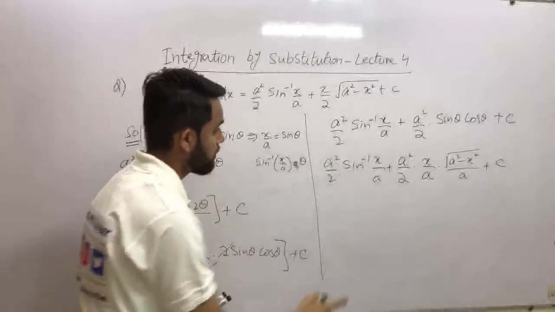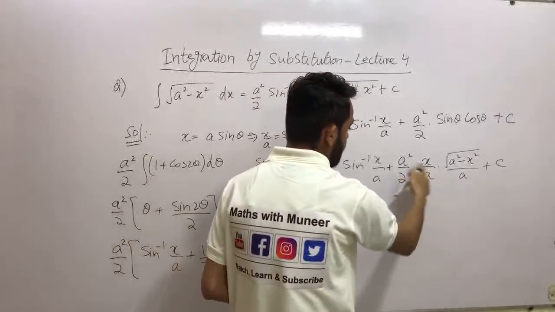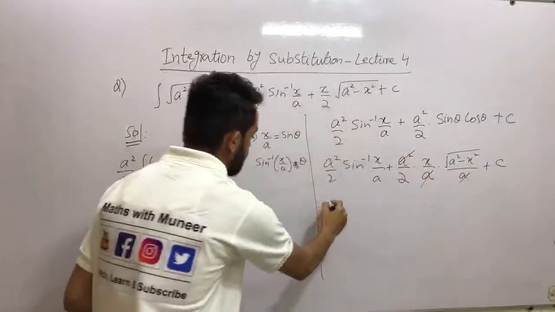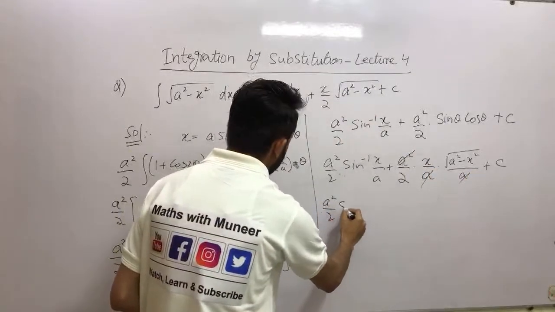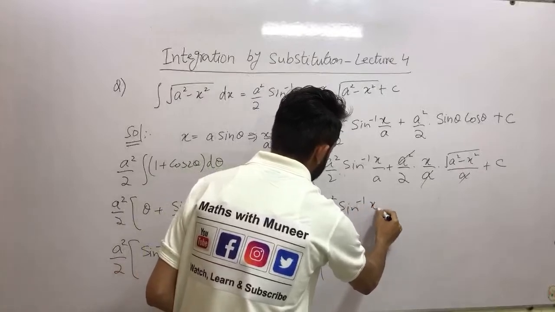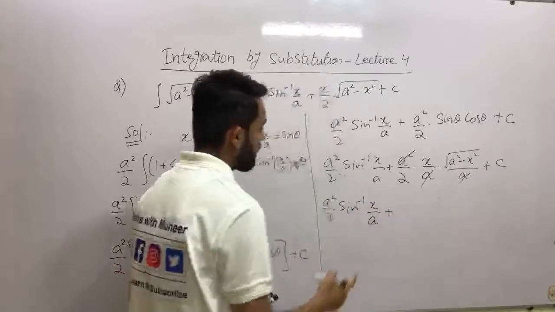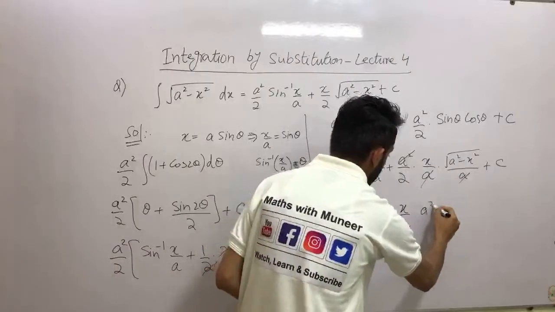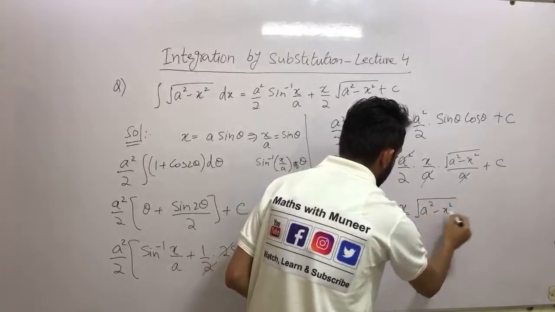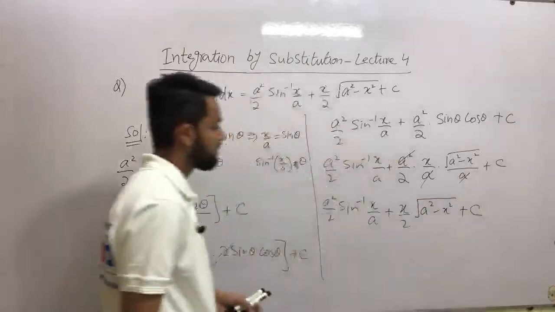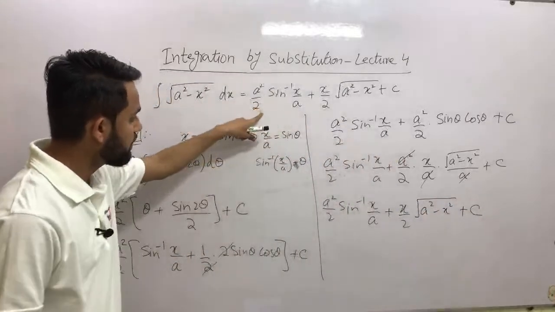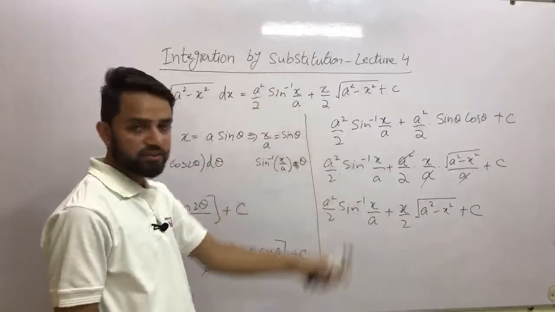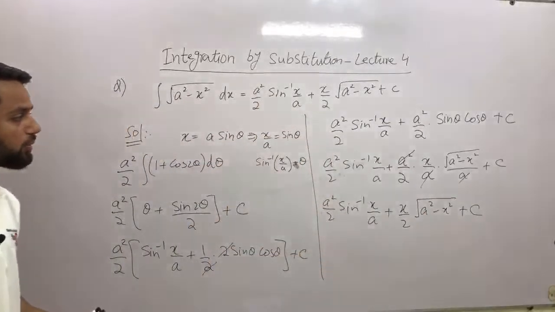Okay, so a times a would be a square and we have a square over here, so this would be cancelled with that. So this is a square over 2 sine inverse x over a plus x over 2 times the square root of a square minus x square plus c. This is the concept of integration. Now you see, this is exactly what we were looking for. So please note it down, and if you have any question you can ask me.